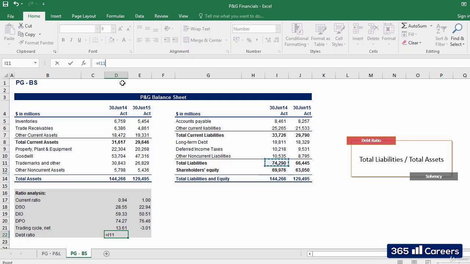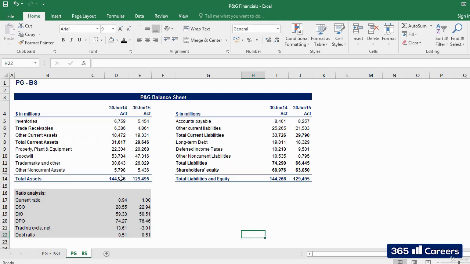We have total liabilities divided by total assets. And voila! Copying the formula to the right, we can see that the ratio remained flat in both years. The value of 0.51 is below the threshold of 0.67 that we mentioned earlier, so that's good.